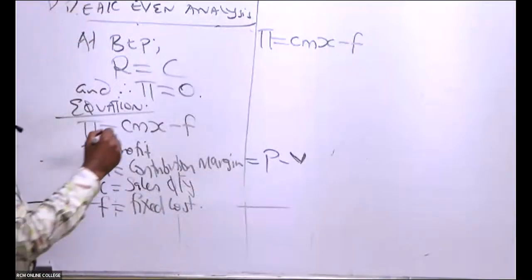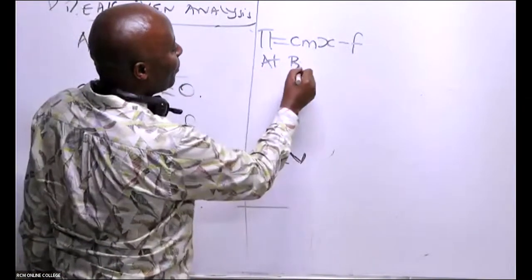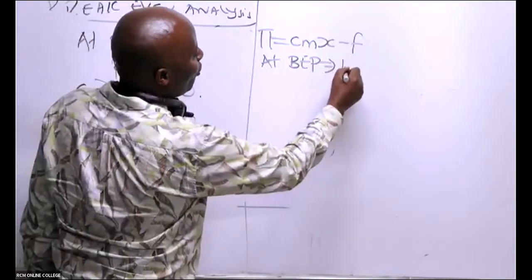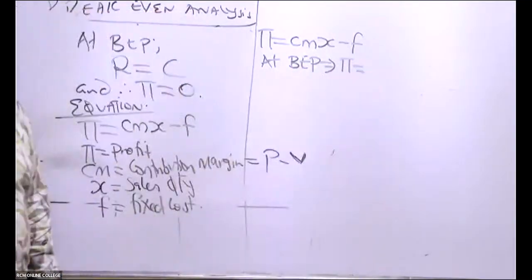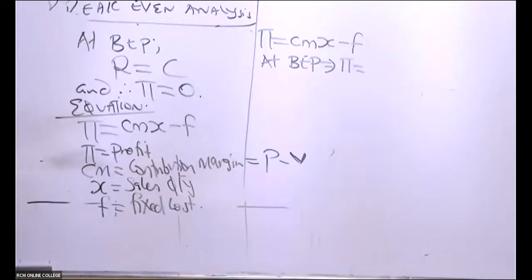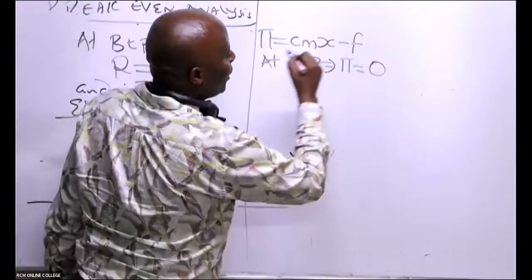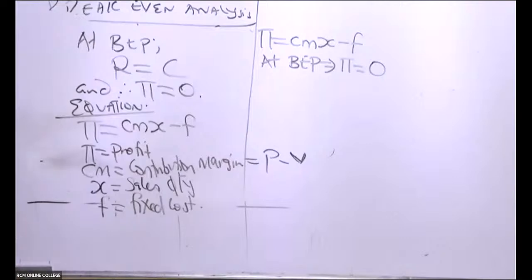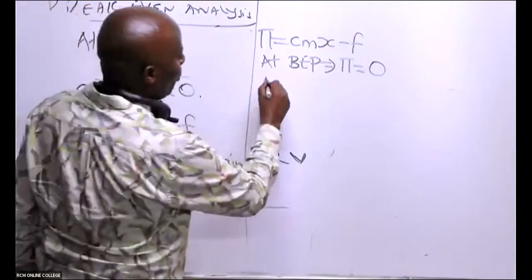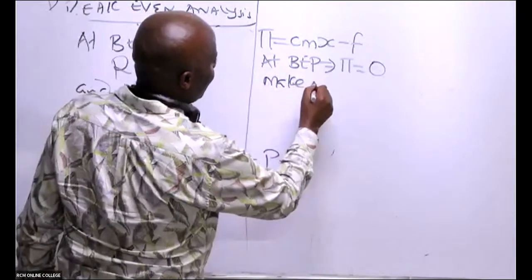And we are saying that at break-even point, what is the value of profit? Zero. At break-even point, profit equals zero. So please make X the subject of the formula, knowing that profit is zero.